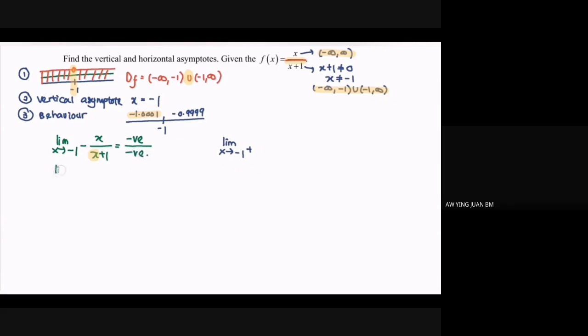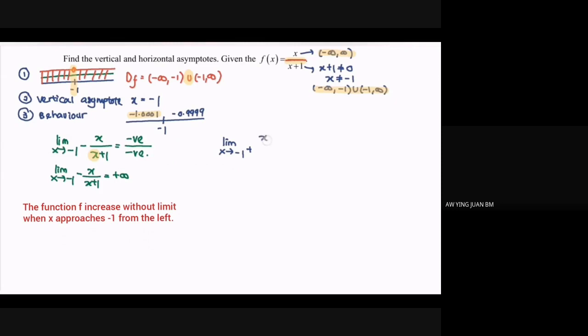So limit when x approaching negative 1 from the left for the function x over x plus 1, we will obtain positive infinity, where the situation will be the function f increases without limit as x approaches negative 1 from the left.